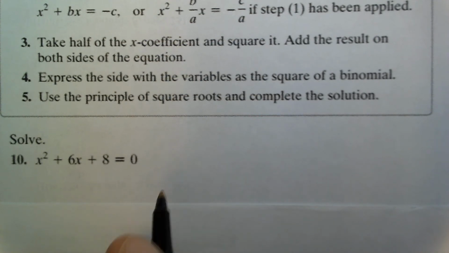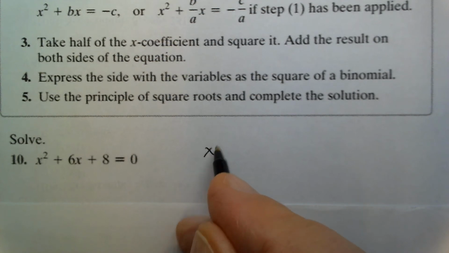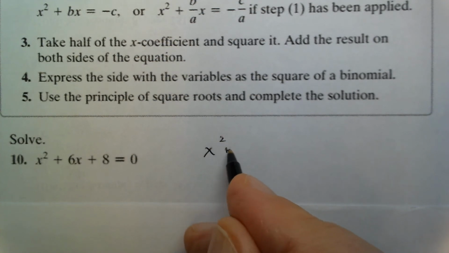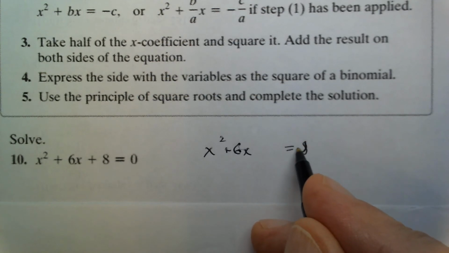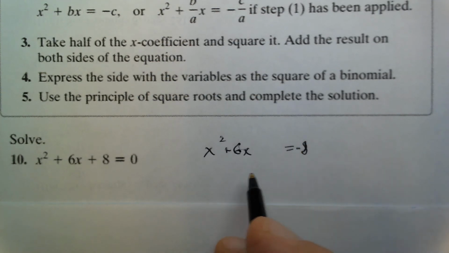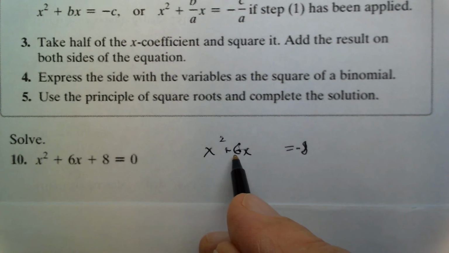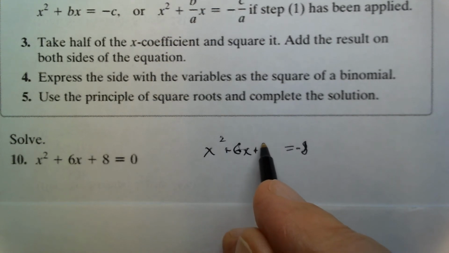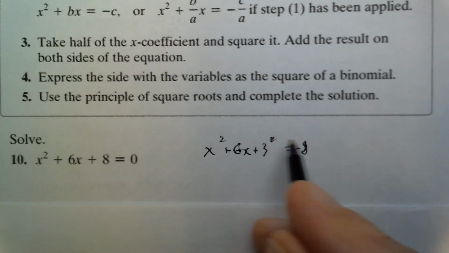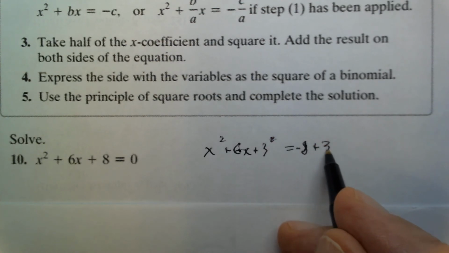Following the suggested steps, we rewrite this quadratic equation as x squared plus 6x equals 8, minus 8. And now we take 1/2 of the coefficient of x, so 1/2 of 6, so 6 divided by 2 is equal to 3, and we square it, so plus 3 squared, and we add that to both sides.